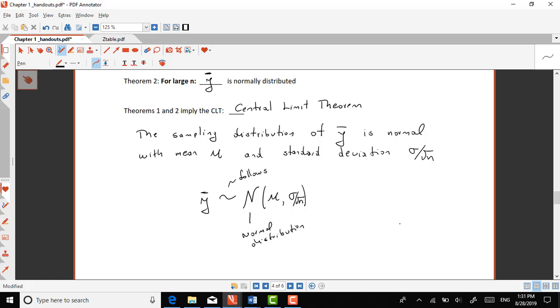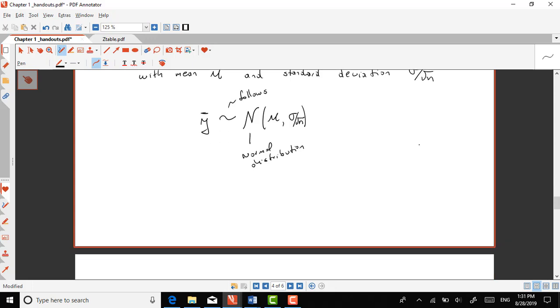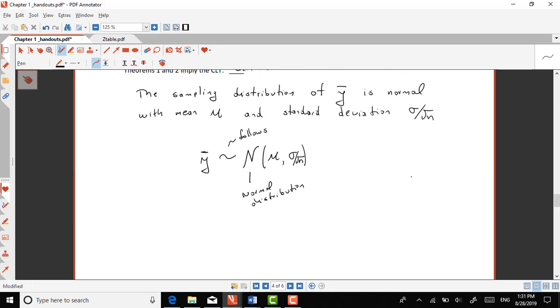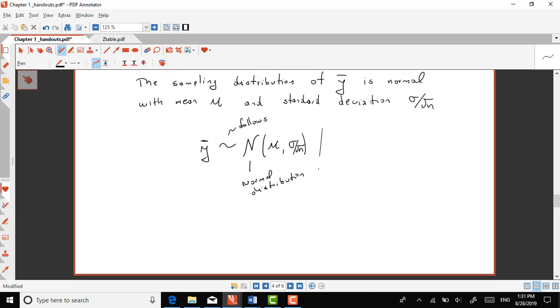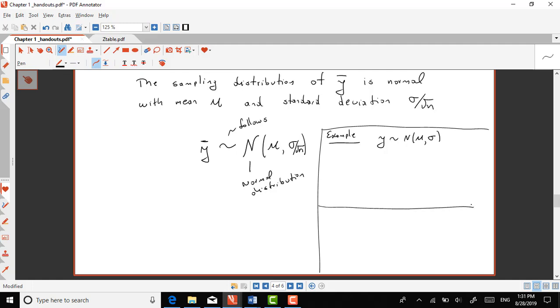Now, of course, let me draw, and I've never done this. So remember, we looked at the first example when we were assuming that y was also normal. That's the graph that we had before. So example 1.